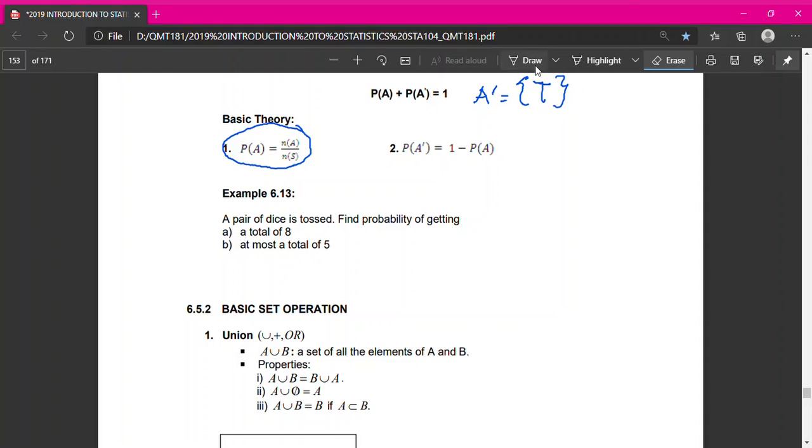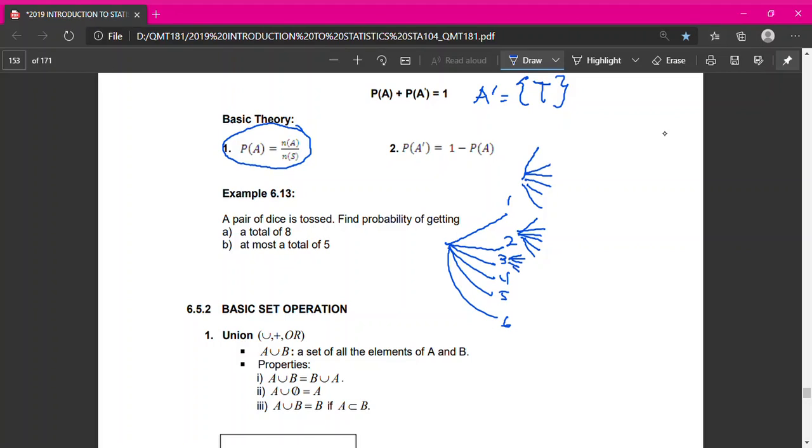Tapi sekarang dia kata nak toss a pair of dice. So, 2 kali. Bila kita toss a die, outcome kita will be 1, 2, 3, 4, 5, 6. Kita toss lagi sekali a die. Ini pun 1, 2, 3, 4, 5, 6.